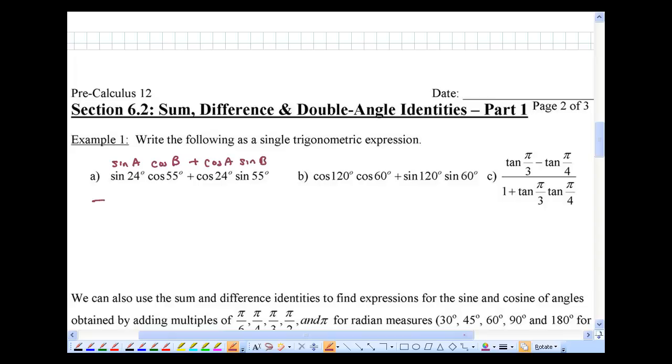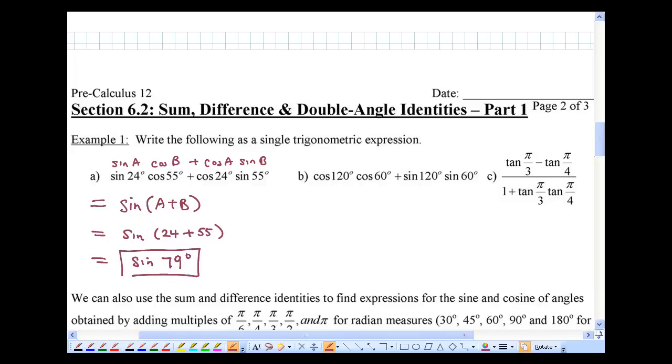If you say, hey, this seems to be like the addition or sum identity, sine A plus B, you are totally correct. Well, what is A in this case? It seems like it's the number 24, and B seems to be the number 55. So we'll add that together. We'll just say sine 24 plus 55. That's sine 79 degrees. And that's it. There's your simplified trig expression.